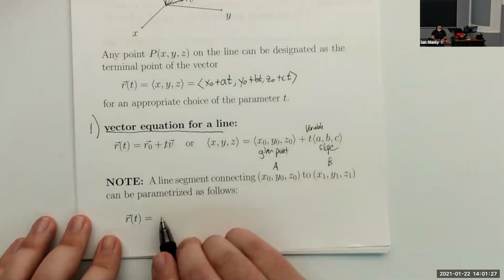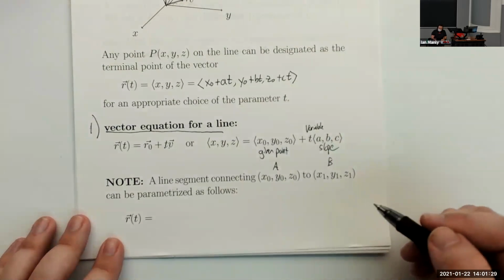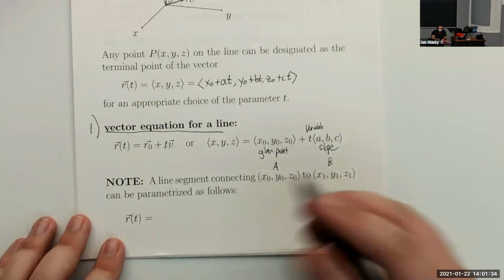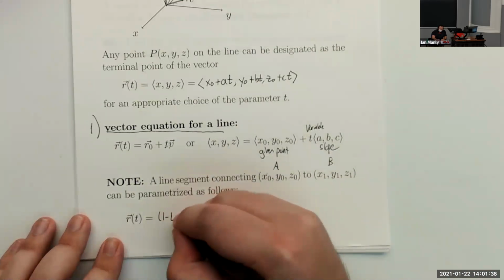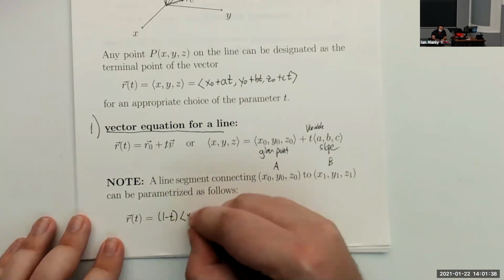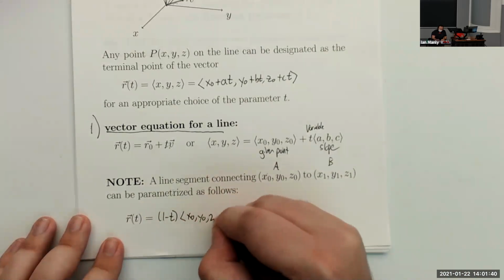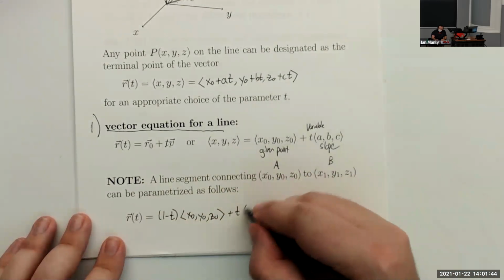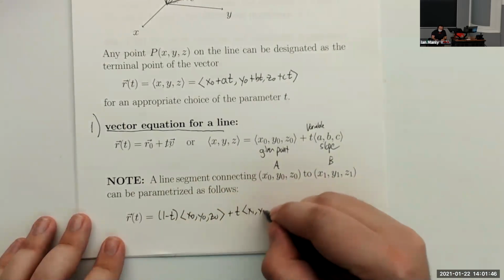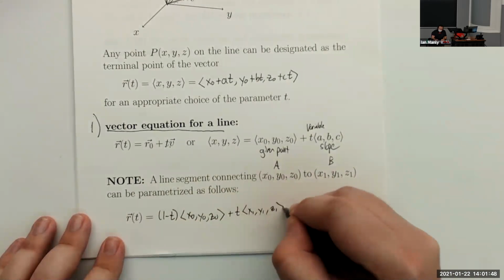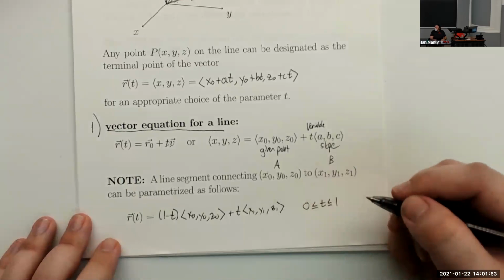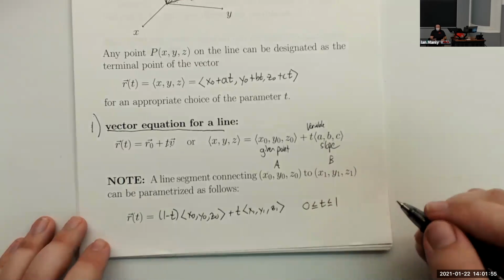So one way we could do this, and this might be something we use in the future, is at time t equals 0, we want this to be our point, right? So I'm going to have 1 minus t times x naught, y naught, and z naught. And then I'm going to have t times x1, y1, and z1. And for this, we're going to limit t to be between 0 and 1 right here.